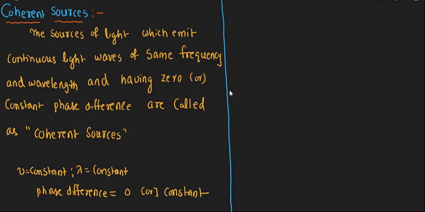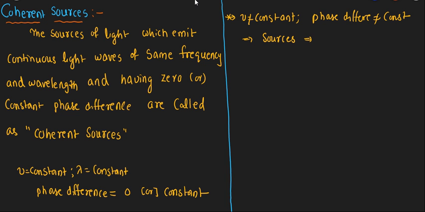If the frequency is not constant and the phase difference is not constant, then such sources are called incoherent sources.